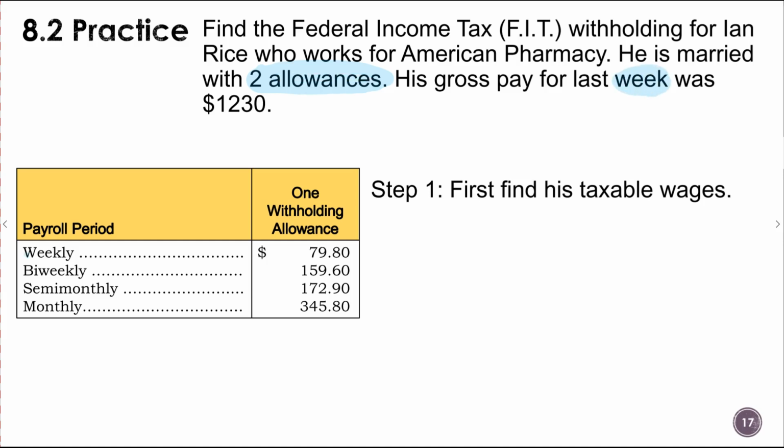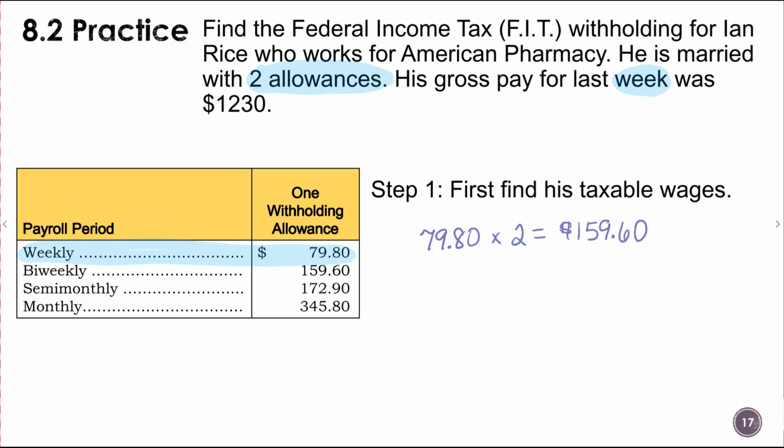All right, so the weekly allowance is $79.80. So we'll be taking that times 2, $79.80 times 2, and it turns out that that is $159.60, which may make sense because weekly versus bi-weekly is once a week or once every 2 weeks.